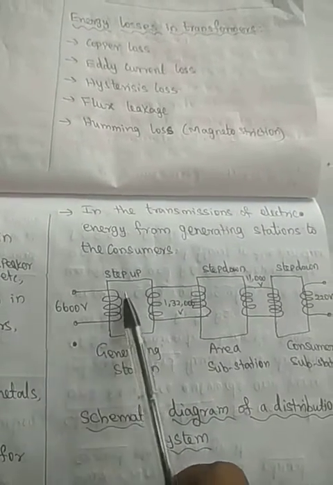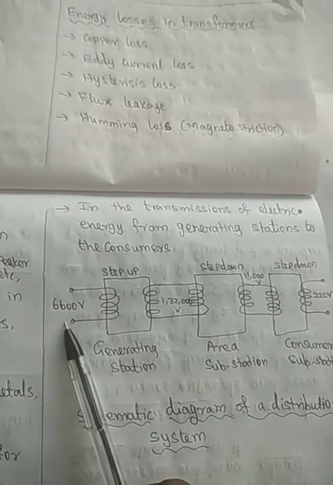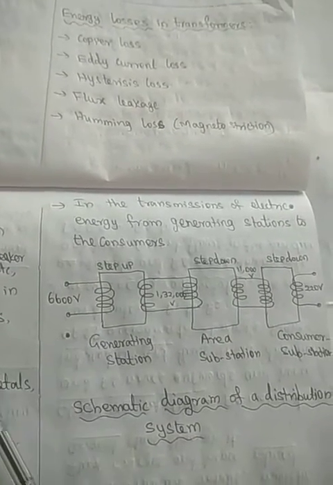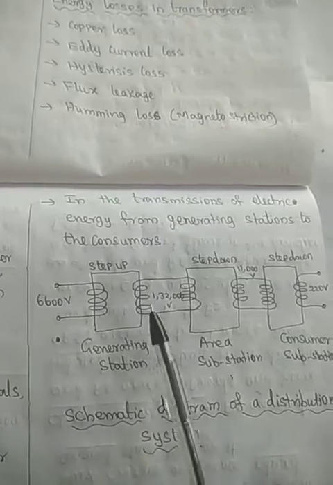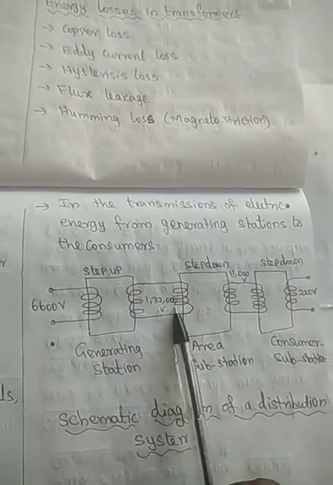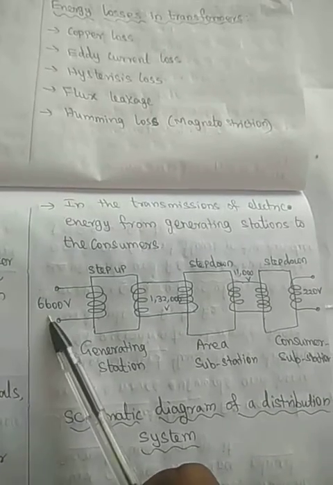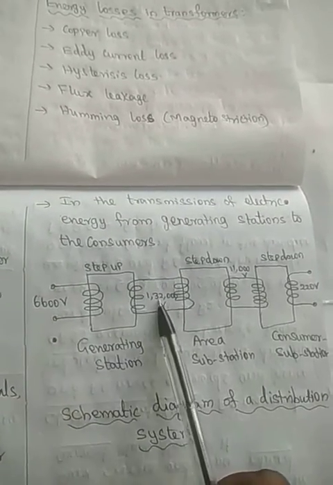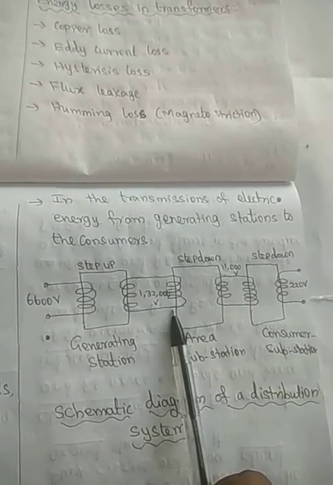That will be given to the step up transformer, because this voltage will be dissipated if it is transmitted over a long distance. So the voltage will be stepped up, not just double but multiple times, from 6600 volts to 1,32,000 volts.